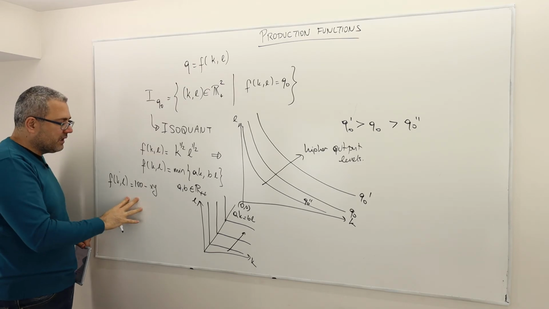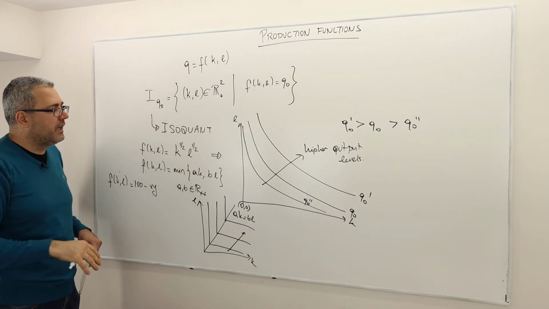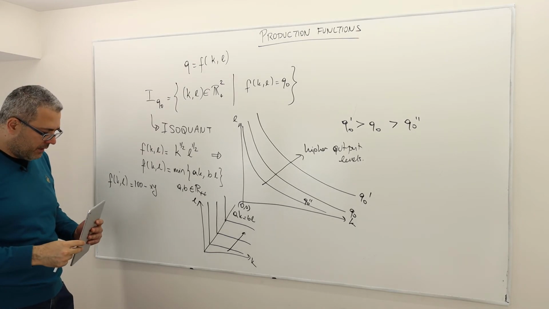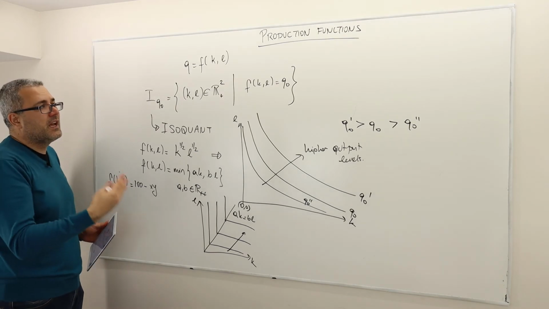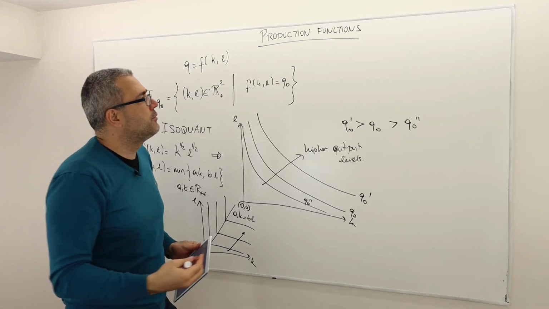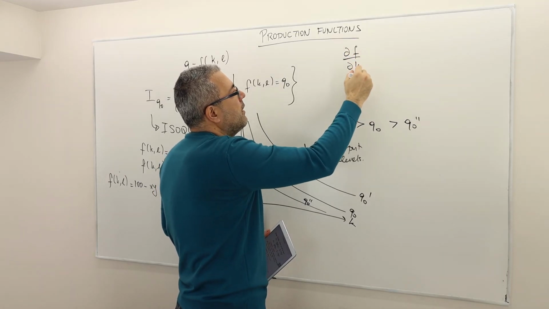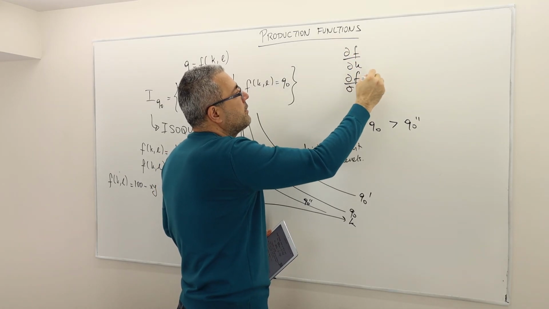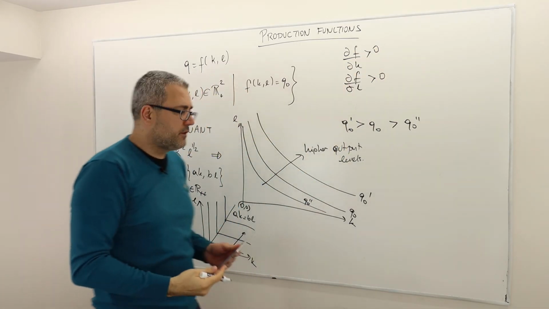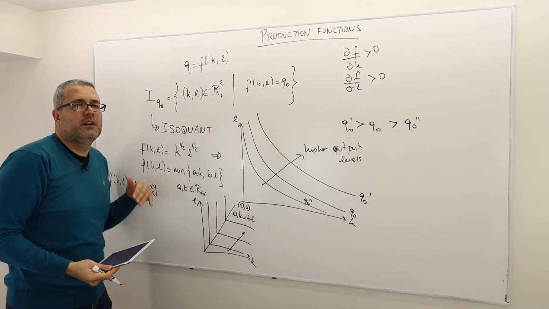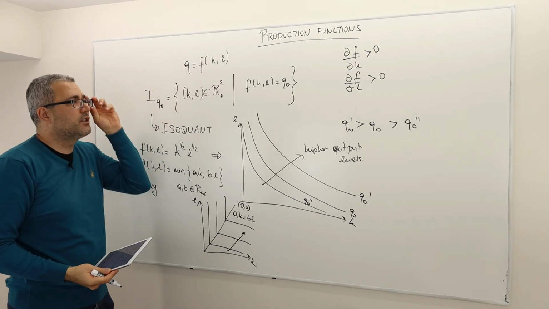Okay? Is this a realistic production function? That's totally another subject. But most of the time it's not, because as I said, our general assumption is that the marginal productivity of capital or the marginal productivity of labor, we assume that they're positive. So therefore, the production function is an increasing function.